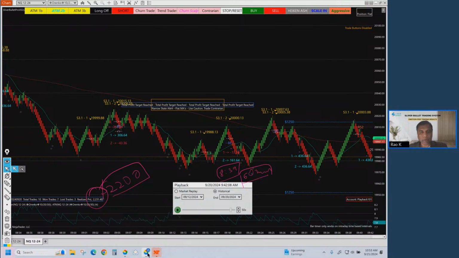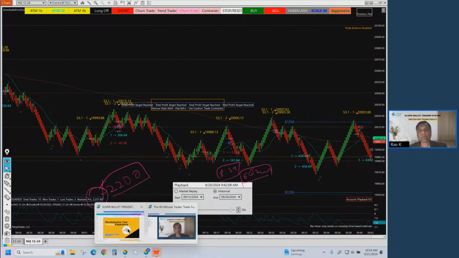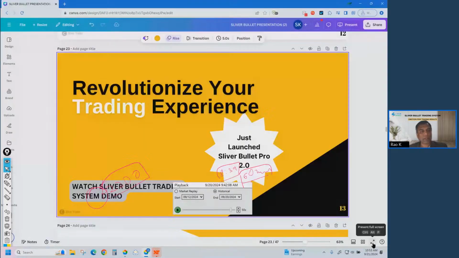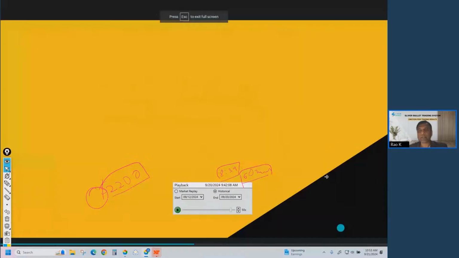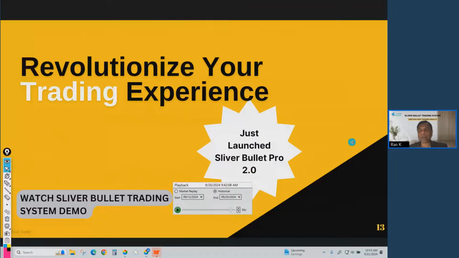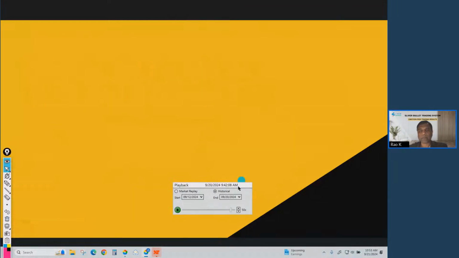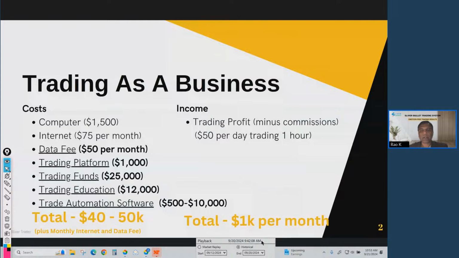So $2,000 or $2,200, and let's go back to our business model here. Trading business, what we had set out with, we set out with $50 per day. But in the software, we just saw that it made $2,200.